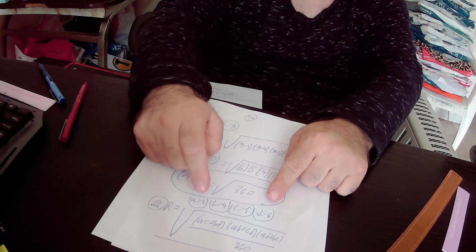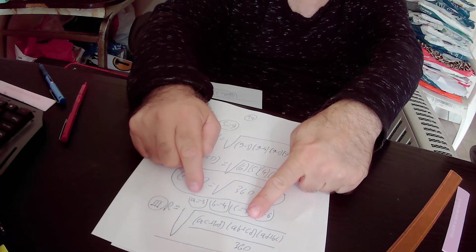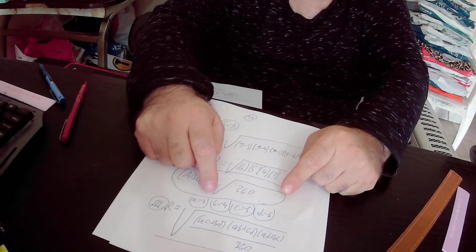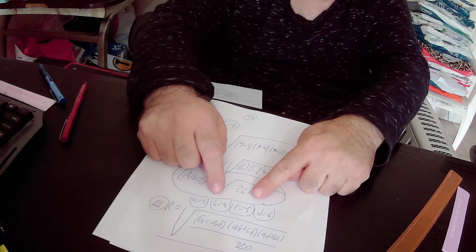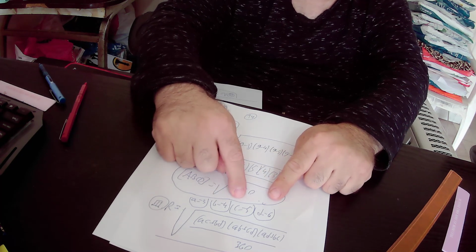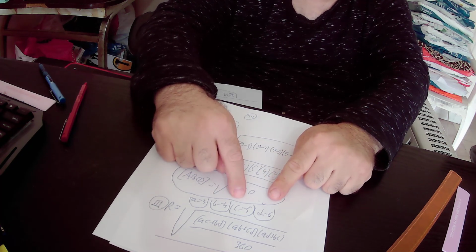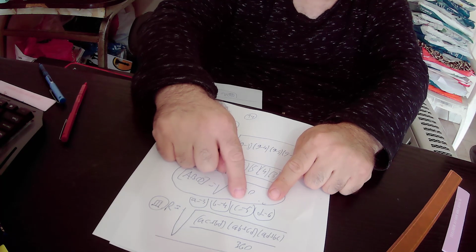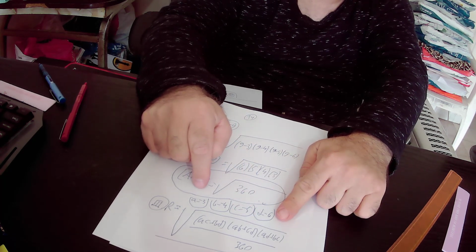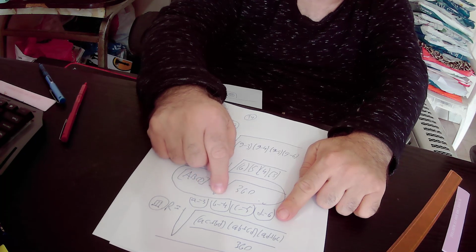Then we have AB, a is 3, b is 4, so 3 times 4 is 12. And we have CD, c is 5, d is 6, so 5 times 6 is 30. And here we have AD, which is 3 times 6 is 18.